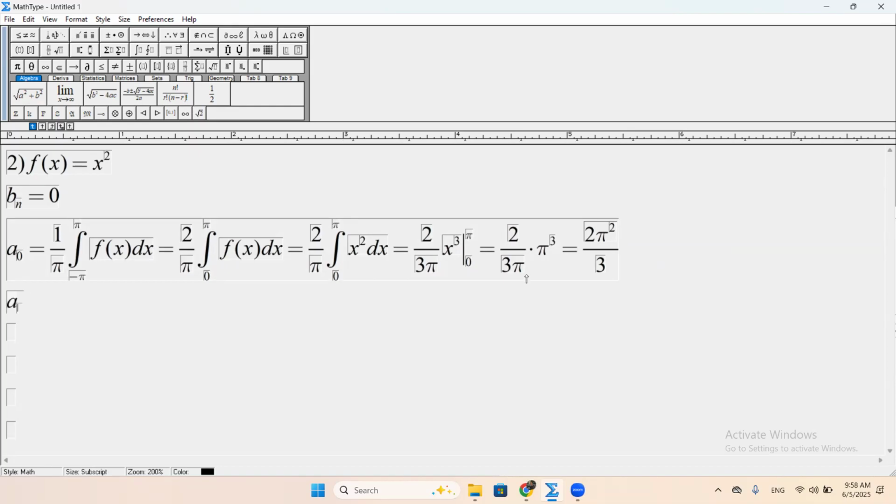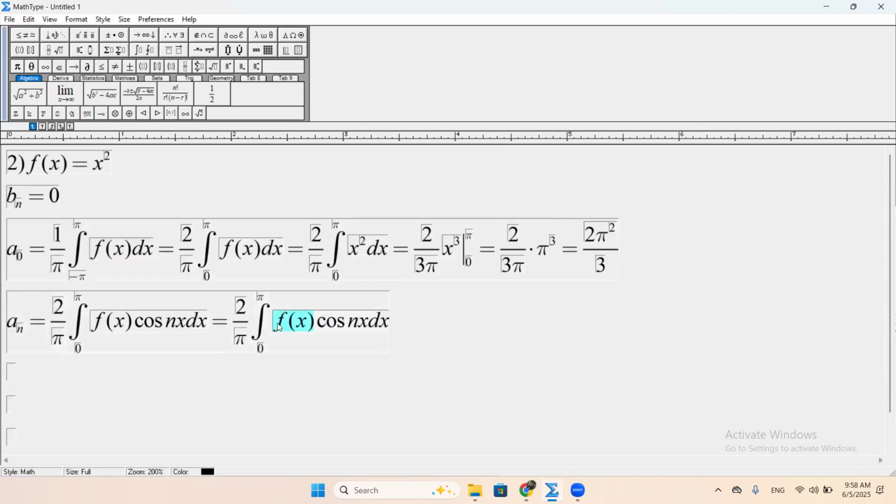And what about An? Let's calculate them as well. An will be received by the following formula: we multiply the function f of x by cosine of nx. This integral will be calculated by parts.